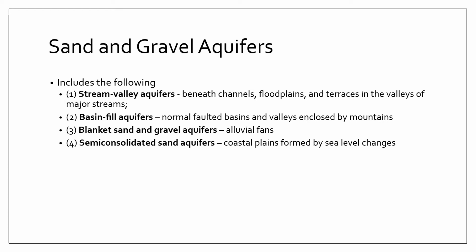The third type is your blanket sand and gravel aquifers, which chiefly pertain to your alluvial fans, right? So alluvial fans are your transitional areas. So alluvial fans represent the break between the mountain and the lowlands, okay?